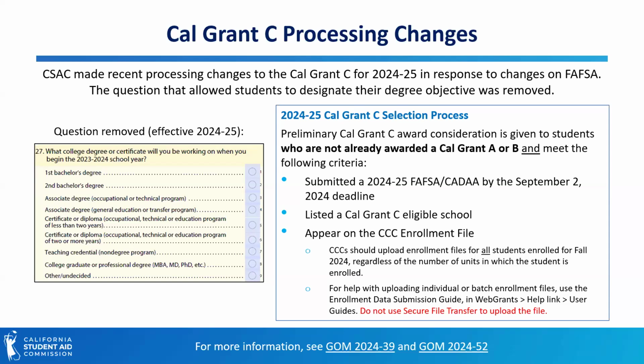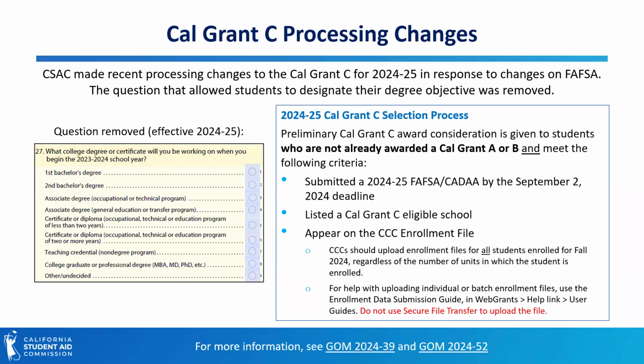So now we award preliminary Cal Grant C award consideration to students who are not already awarded a Cal Grant A or B and meet the following criteria. As long as they submitted a 24-25 FAFSA or CADA by September 2nd, 2024, listed a Cal Grant C eligible school, and appear on their California Community College's enrollment file, we will consider them for a preliminary Cal Grant C award.